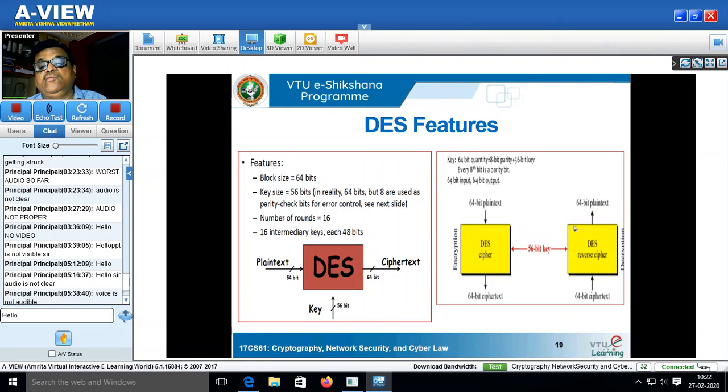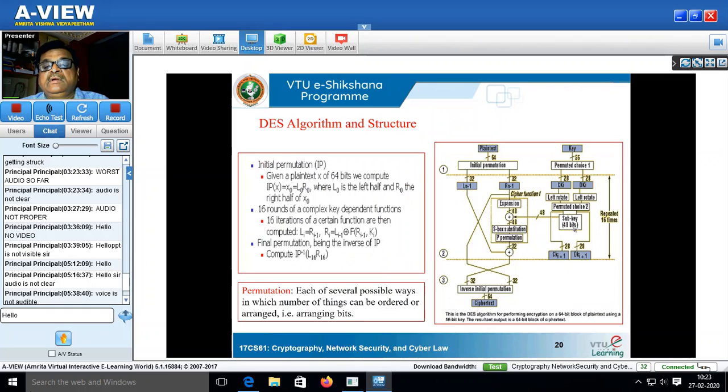We move from the output of the last round to the output of the 15th round, then the 14th round, like that. We move up and then we get the original message.